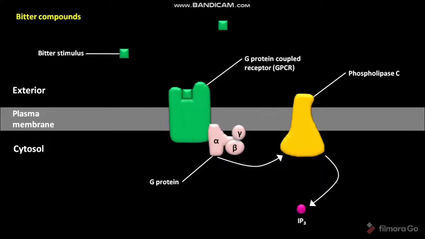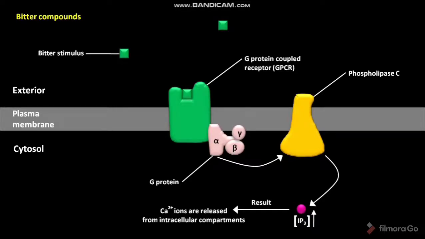Due to this IP3 production, the cytosolic concentration of IP3 increases. Due to this increased IP3 concentration, the Ca2+ ions are released from intracellular compartments like the endoplasmic reticulum. As a result, a depolarization is created.